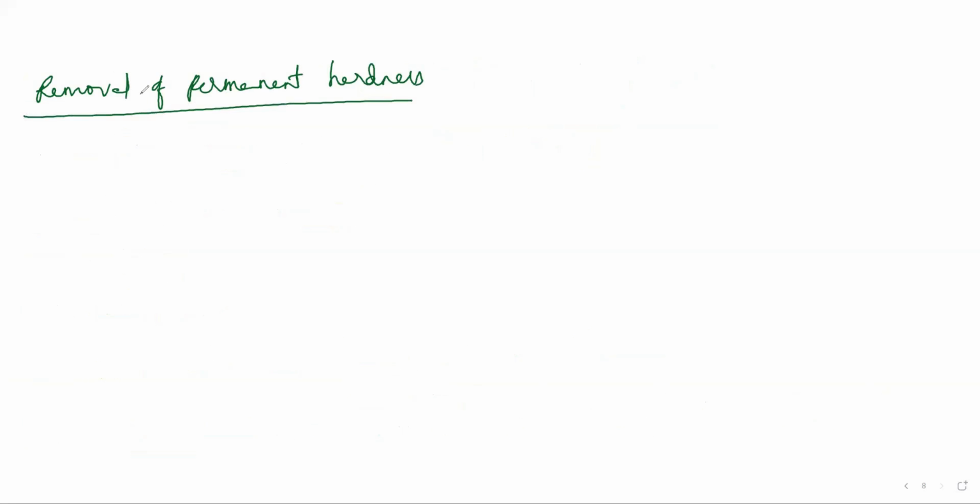Okay. So how can we remove permanent hardness of water? In that, first one, with Na2CO3. So sodium carbonate can be used to remove both temporary as well as permanent hardness.